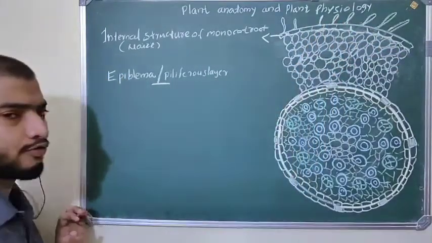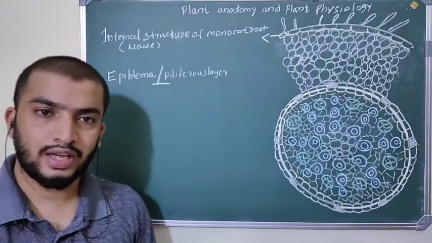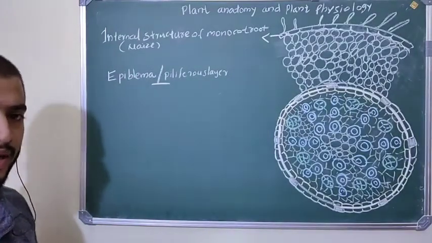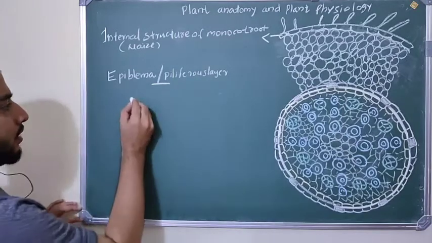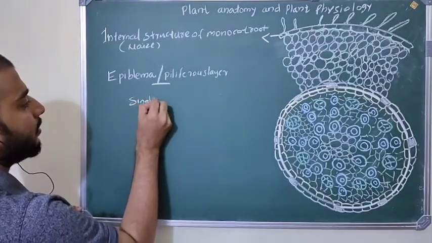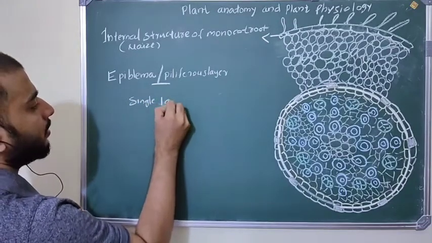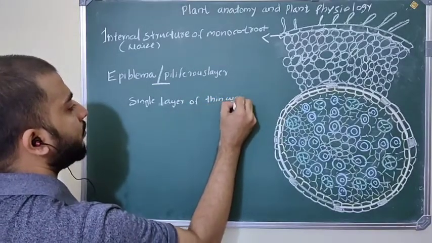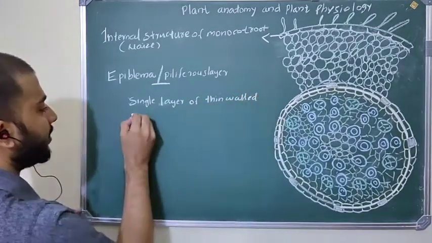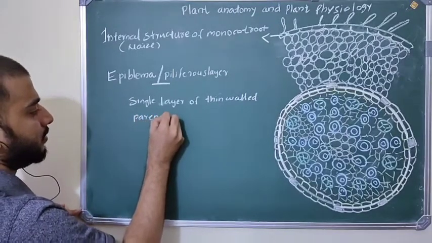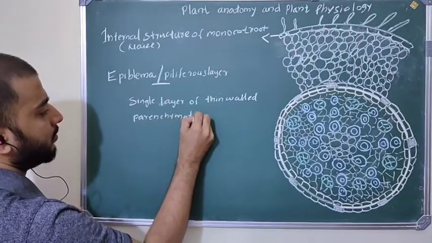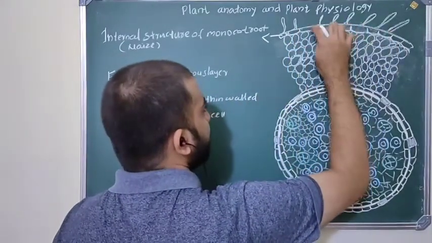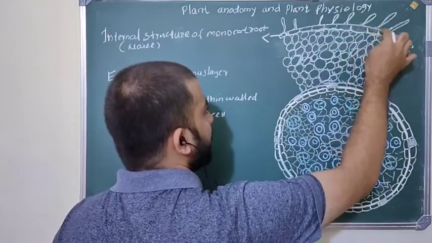It is made up of a single layer of thin-walled parenchymatous cells. So this is our epiblema. It is a single layer, and these cells are parenchymatous cells.